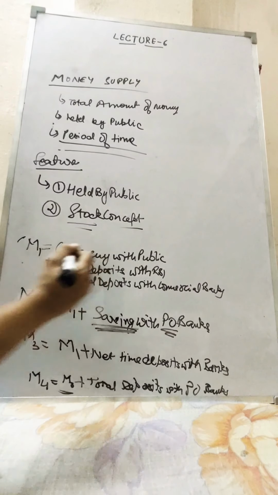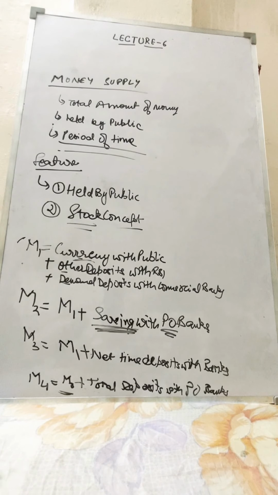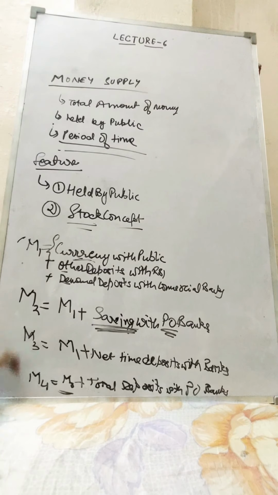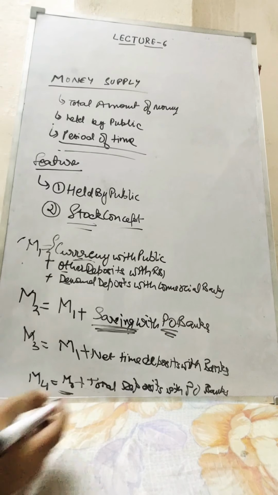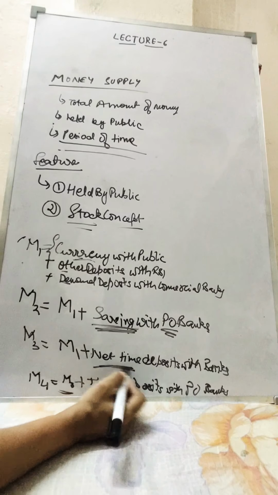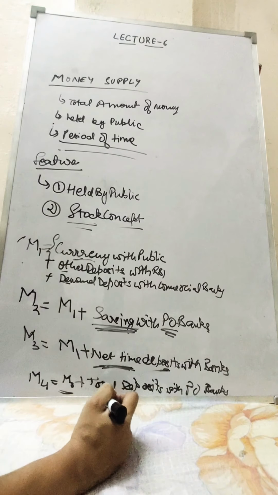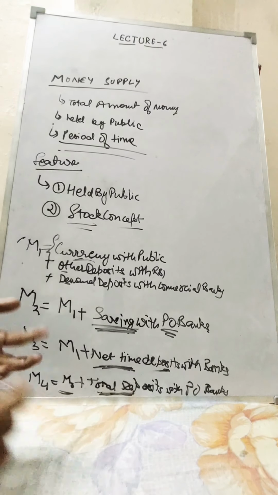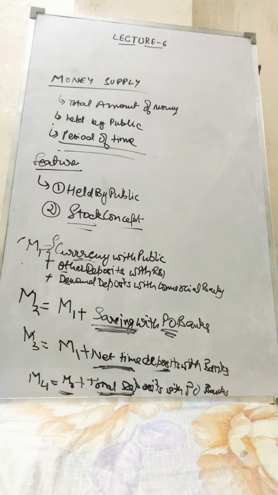And currency is also not that big; the currency within your pocket is what is calculated here. So that's why they are narrow concepts. Otherwise, M3 and M4 are broad concepts. Why? Here net time deposits are involved, and we are talking about total deposits. So they all are our money supply measures.